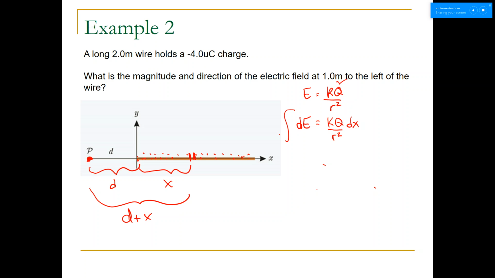So if I integrate both sides, E is equal to the integral of KQ dx over R squared, where R squared is the distance between this point here and our arbitrary point, which is D plus x, all squared.